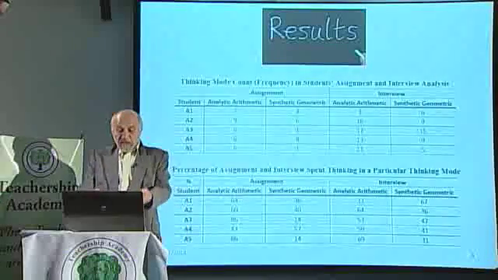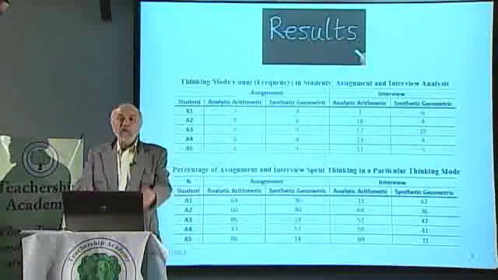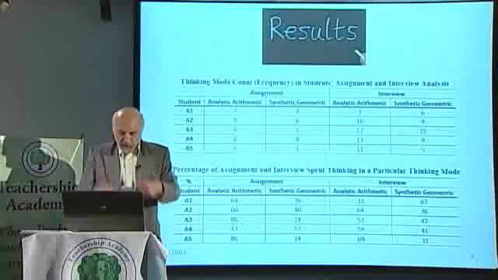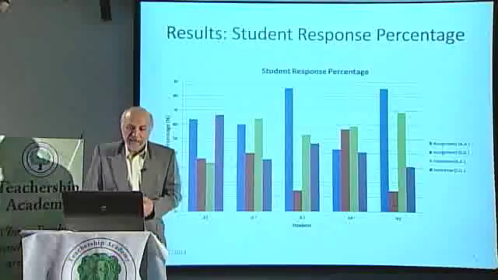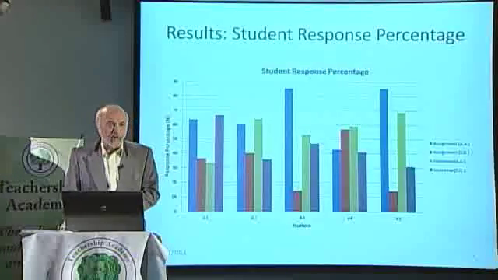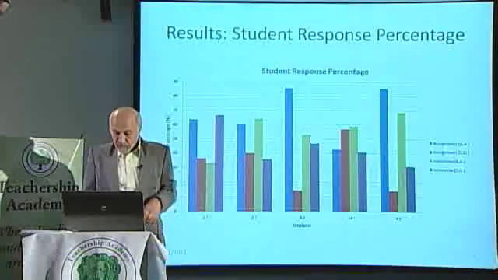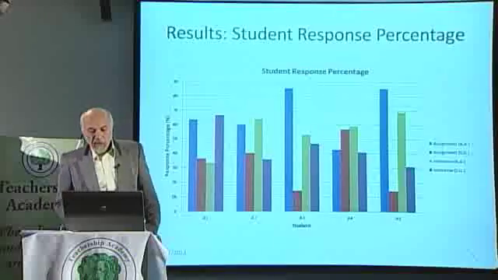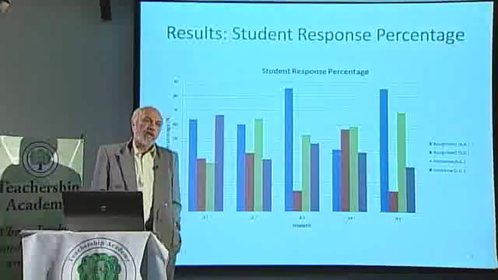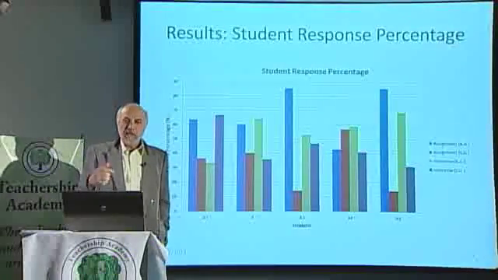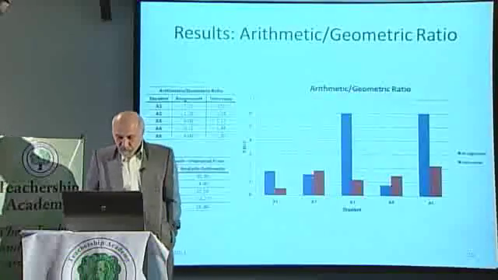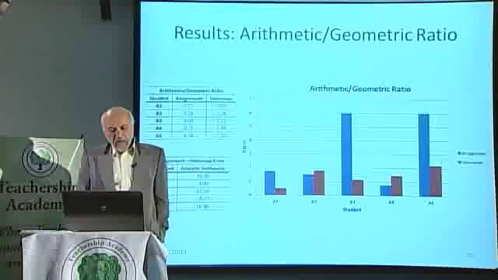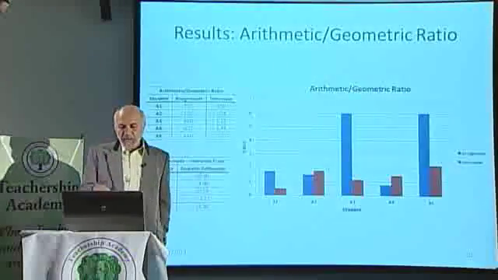Since the numbers are very small, I had to magnify them by changing them to percentages. So I graphed the students' responses as percentages. You can see the blue bars, the analytic arithmetic, are higher than the geometrical one.